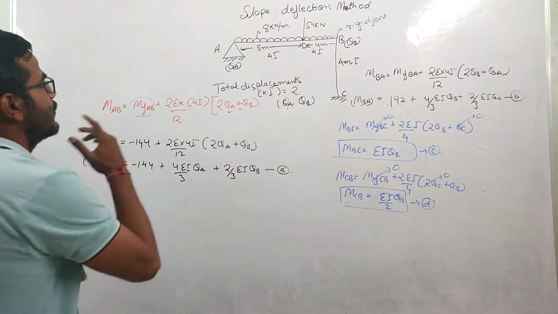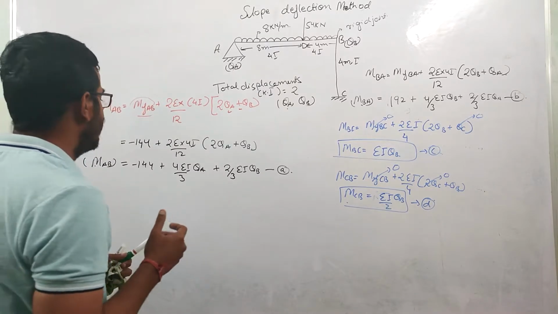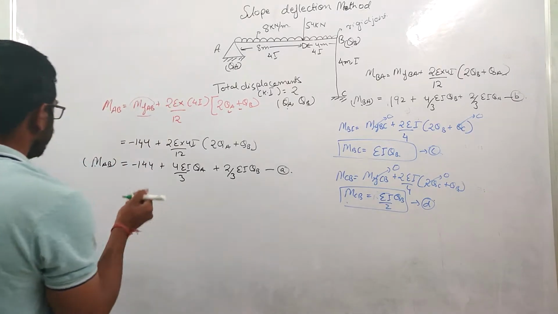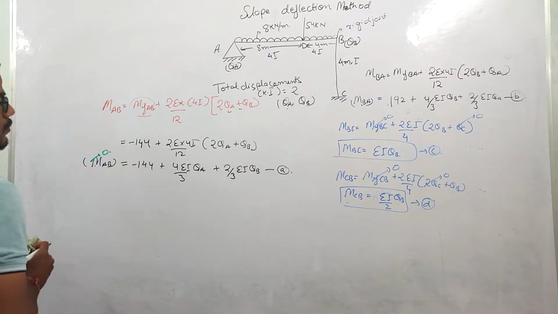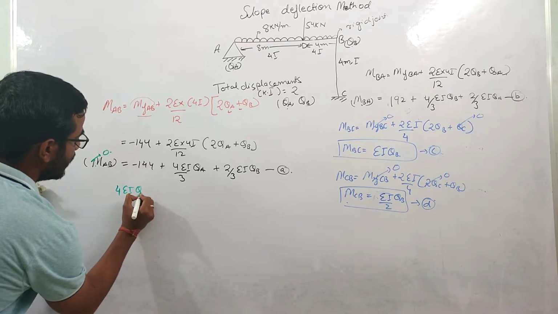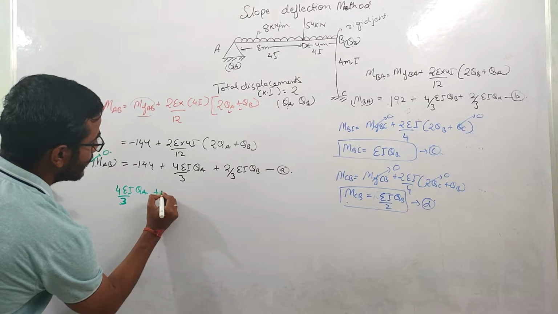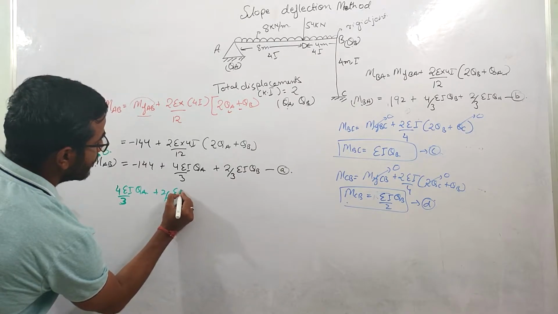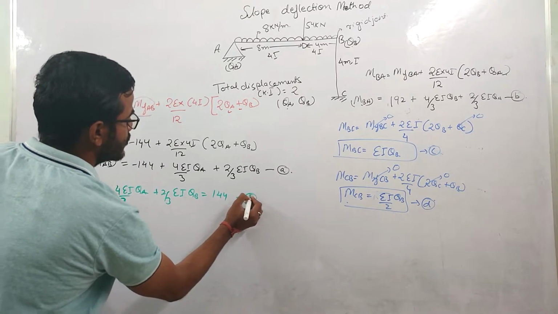One condition we can get over here is that this A is basically a hinge support, so the moment at this end will be 0. So I can write this moment equals 0. This equation will become 4 by 3 EI theta A plus 2 by 3 EI theta B equals 144. This is one equation.